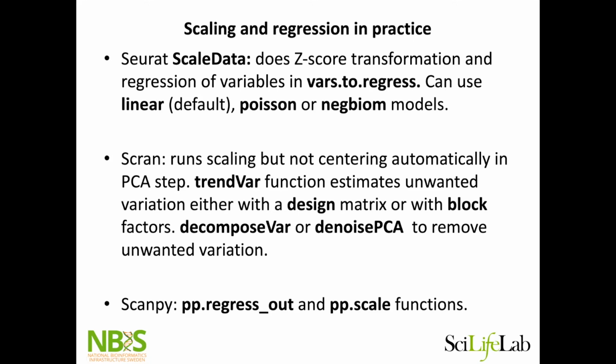Instead, there are slightly different ways of doing this, because they do this decomposition into technical and biological variance, where you basically define your technical variance in these block factors. And then you denoise your PCA to remove these block factors. And in ScanPy, it's the regress_out and scale functions.